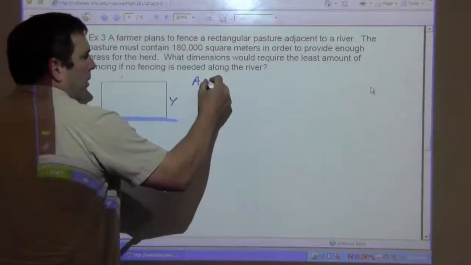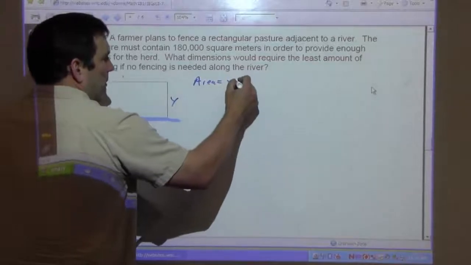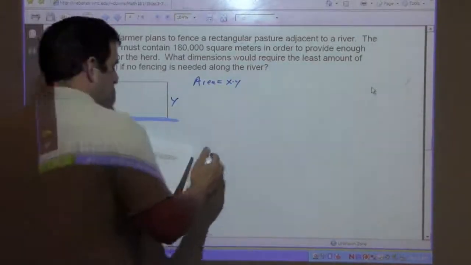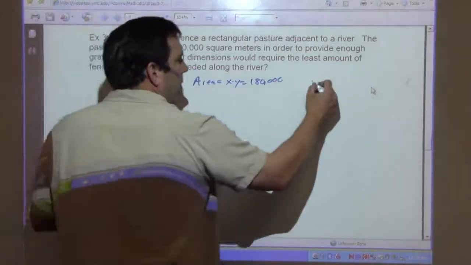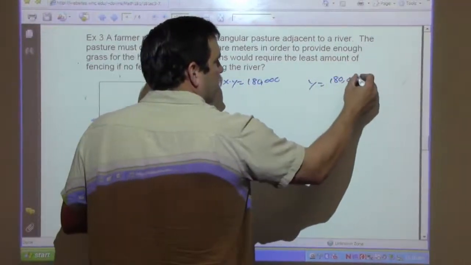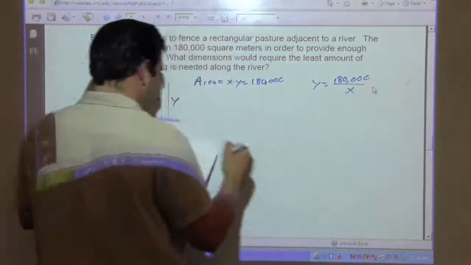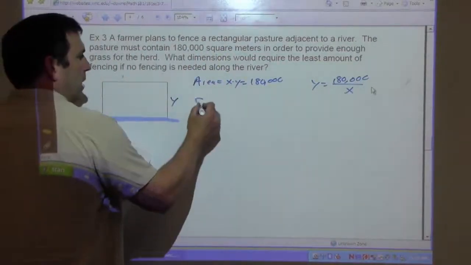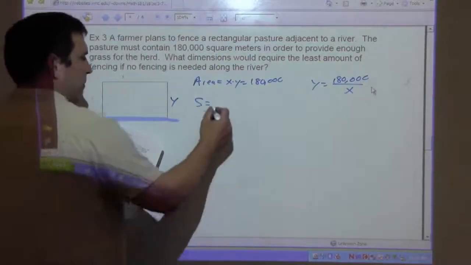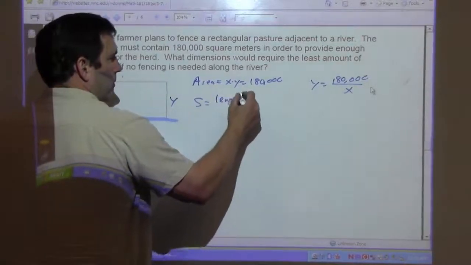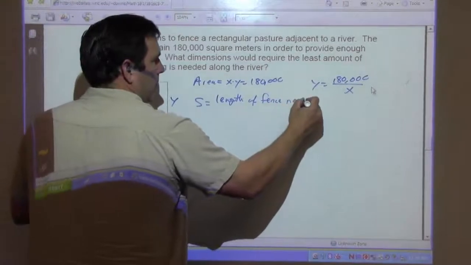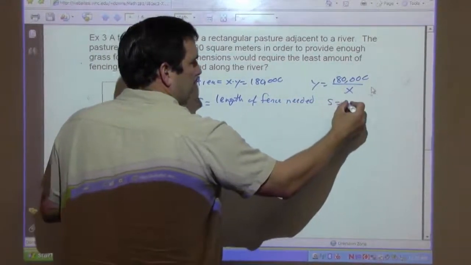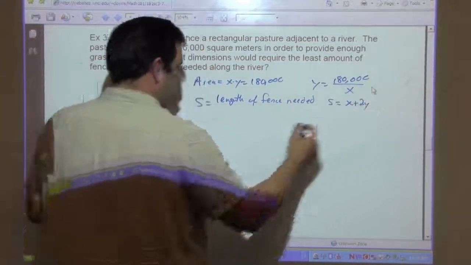Our area is going to be x times y, and that's 180,000. So y would be 180,000 divided by x. Now s is the length of the fence, and s is going to be x plus 2y.